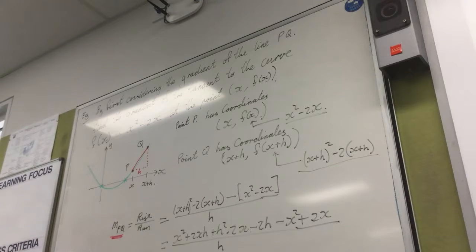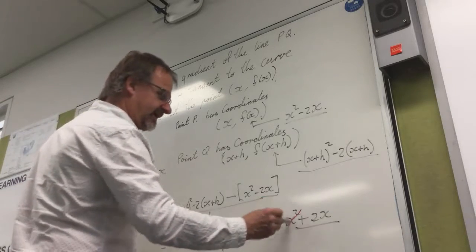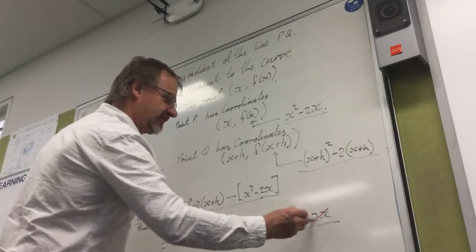Now, what do you notice on that top line? You can't simplify it because you've got an x squared and you take an x squared, you've got minus 2x and you're adding 2x.